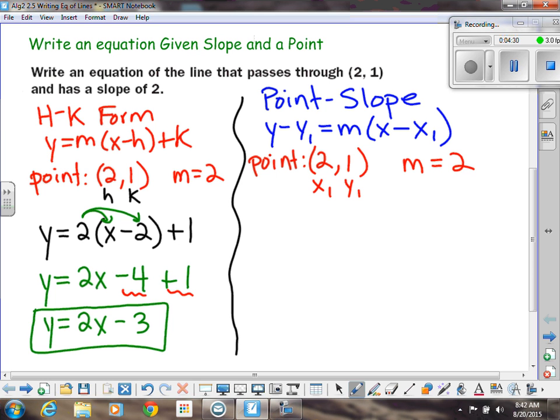So I'm going to be plugging in this point here and here. Those numbers are going to go in those spots. So when I plug that in, this is what it looks like. I just have y, but here I'm going to do minus my y coordinate, so that's 1. And that's going to be equal to 2 times (x minus my x coordinate, which is 2).